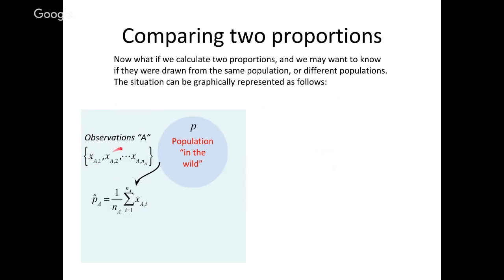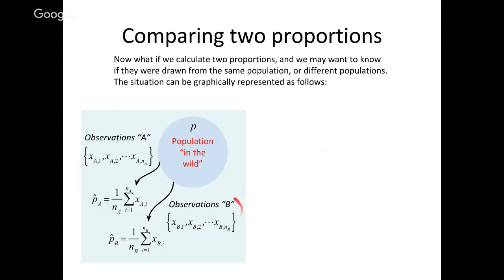So this is a series of 1s and 0s. We've got n sub a of them for our observations A. And then we calculate from those 1s and 0s the proportion of the samples which have events, denoted here as p hat because it's the estimate of p sub a, and we're just summing up over all of those 1s and 0s and dividing by the number of samples we have.